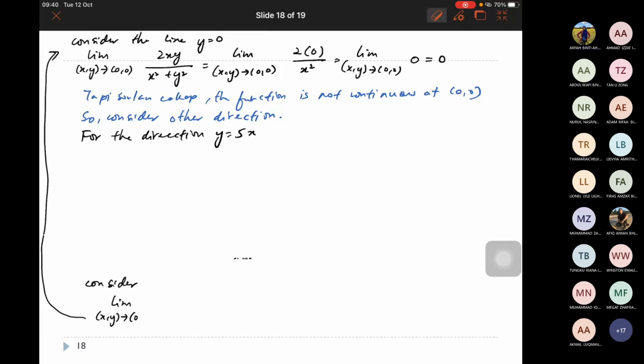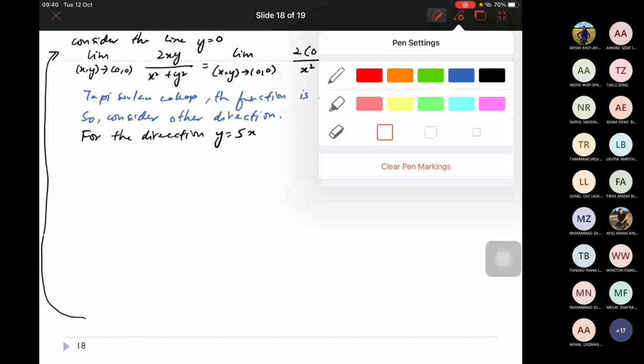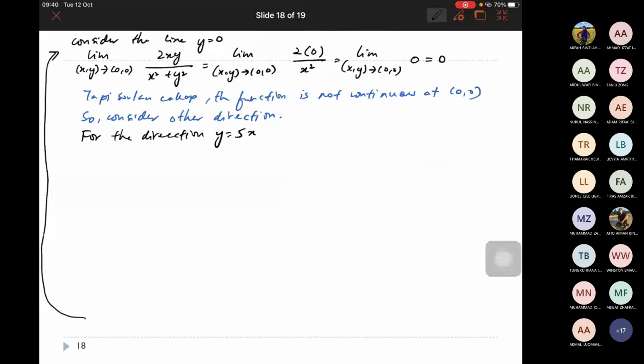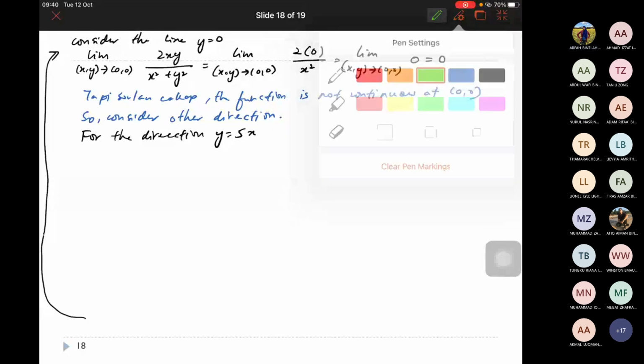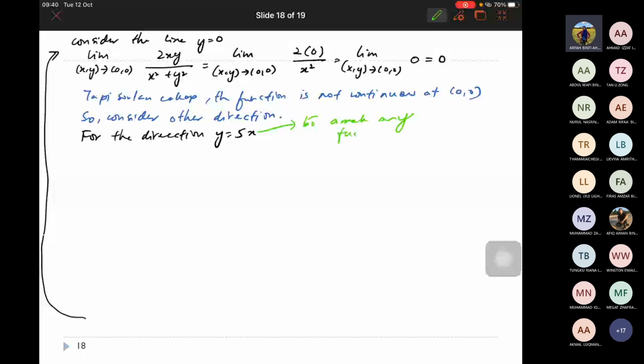Doktor, kalau macam kan kita dah consider x sama dengan kosong dengan y sama dengan kosong kan, lepas tu dua-dua equal to 0, same value, lepas tu bukan ke dia axis? Tak, sebab soalan cakap dia tak continuous.